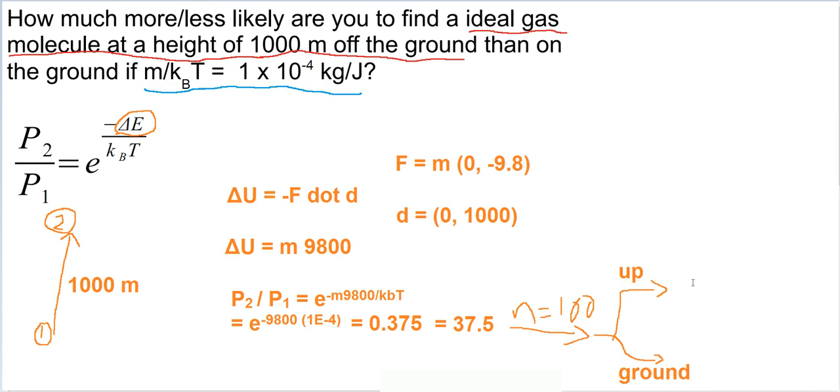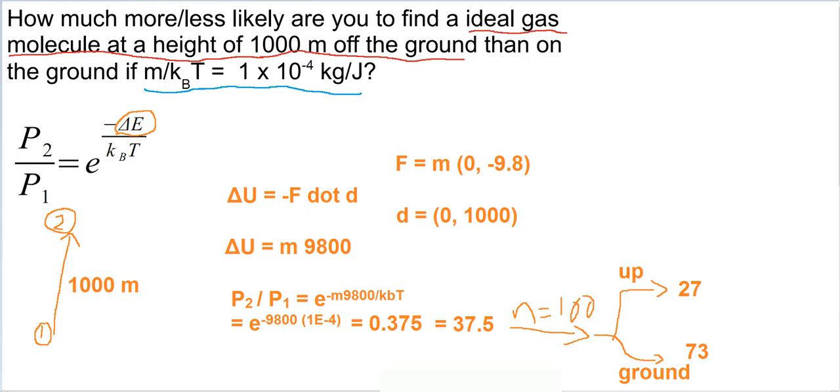You only have 37% of what you found up in the air versus on the ground. If you're using 100 in total, what that means is of that 100, you'll find about 27 up in the air versus finding about 73 on the ground. Basically, if you take the number that you would have up in the air and divide it by the number that you have on the ground, you'll get 0.375.